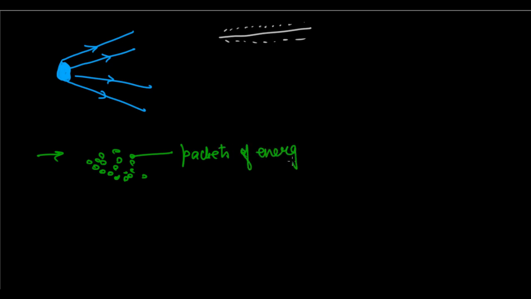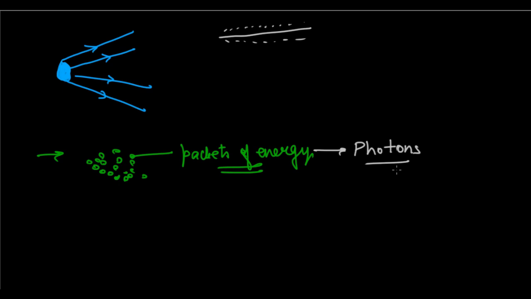The particles present in light are packets of energy, and these particles that are packets of energy have a special name. They are called photons.